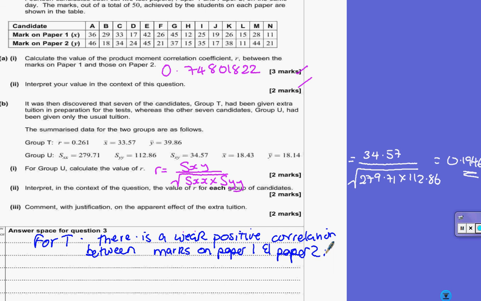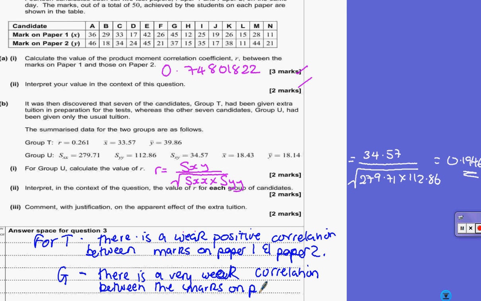And then you would say pretty much exactly the same thing for group U. Okay, and in fact it's even more so, so there is a very weak correlation between marks on paper 1 and paper 2. Okay, that will definitely cover everything, and that's what you want to do.